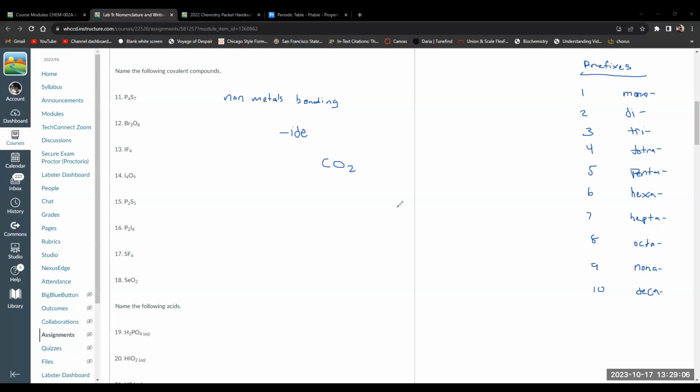So what are our two elements here? Carbon and we have oxygen.